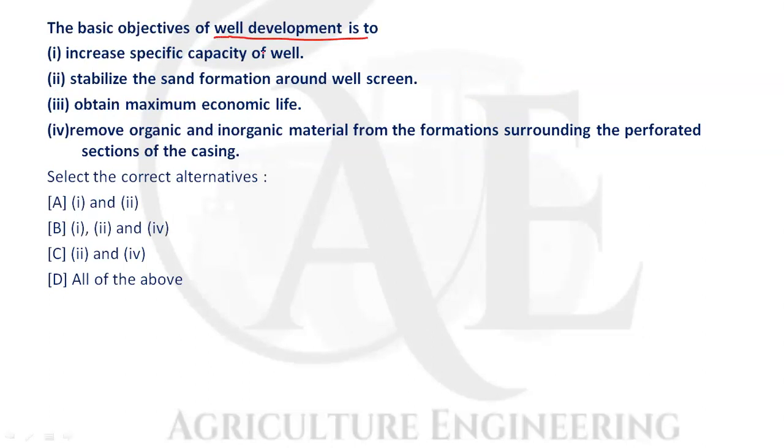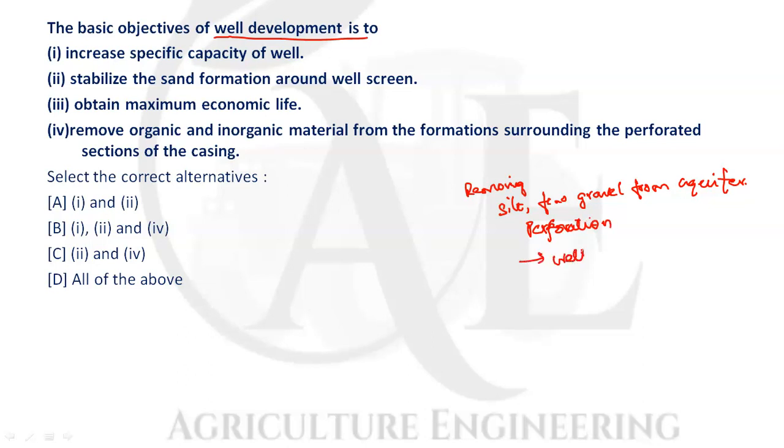Well development is the process of removing silt and fine gravel from the aquifer surrounding the perforated section. That is known as developing a well, or well development.